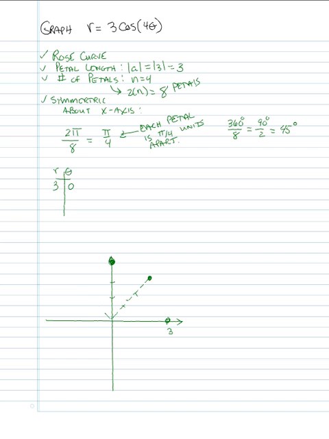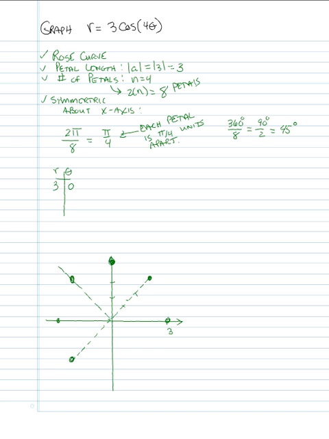So we'd be out this direction, and we go 3 units out that direction. Now we're back to an angle of pi, another 45 degrees, so we move out 3 units this direction. That puts us here. Another 45 degrees puts us out in this direction, at the end of a petal.